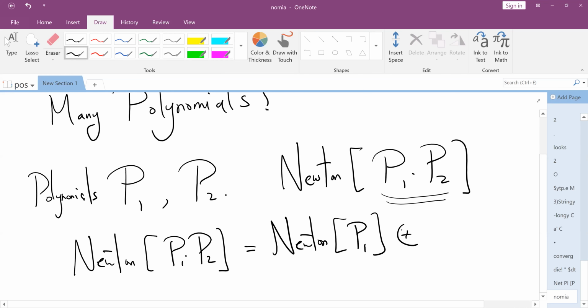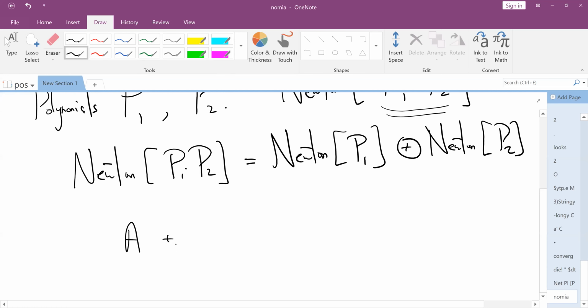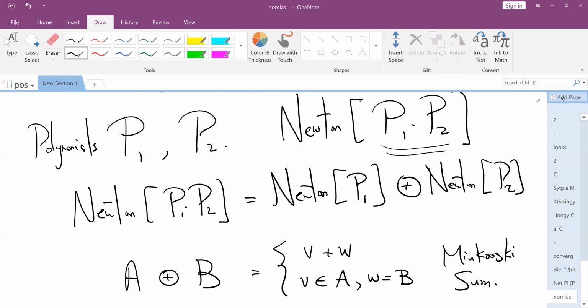But the sum is this notion of Minkowski sum: Newton polytope of P1 plus Newton polytope of P2, where the notion of A plus B is just the set of all V plus W, where V is in A and W is in B. Okay, so really simple idea. This is known as the Minkowski sum. Okay, so that's kind of an obvious fact and an obvious property of Newton polytopes.